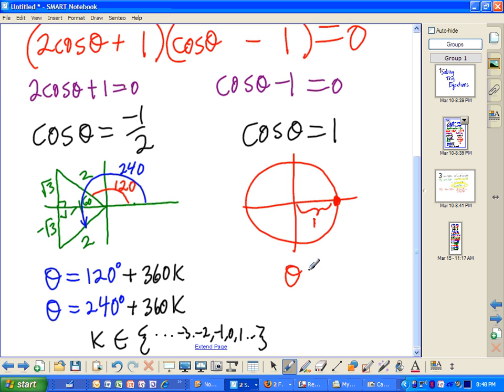So theta is 0 degrees, or any multiple of 360 after that. So we add 360k to that one as well. If we are just finding the answers from 0 all the way up to 360, we just have 0, 120, and 240 for our complete answer of this problem.